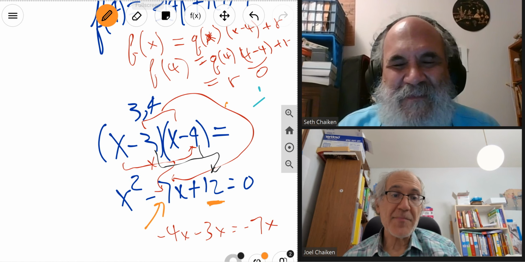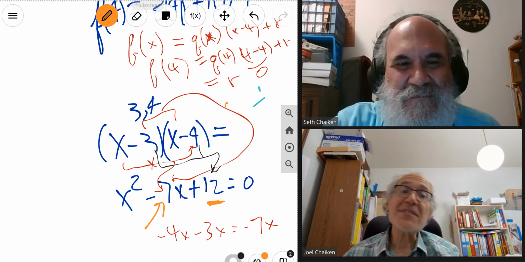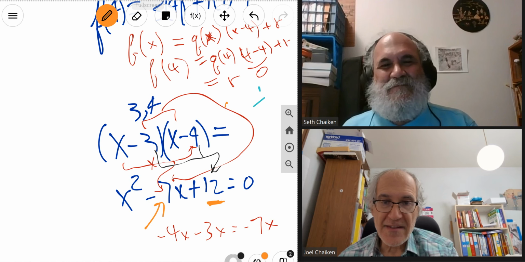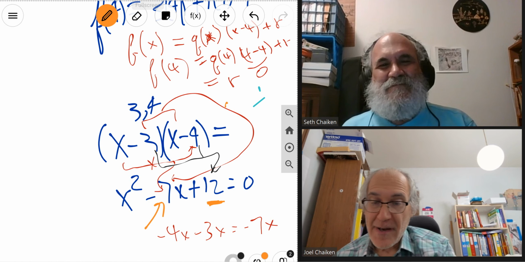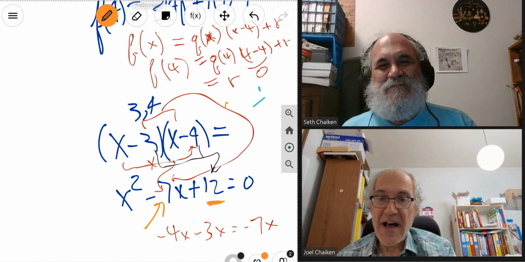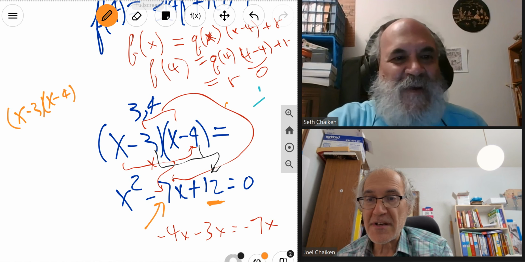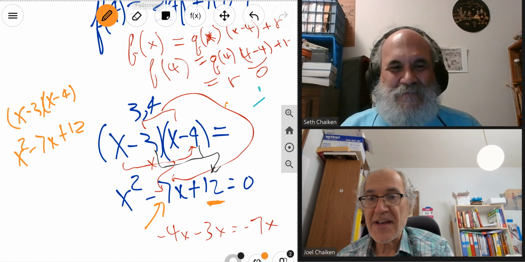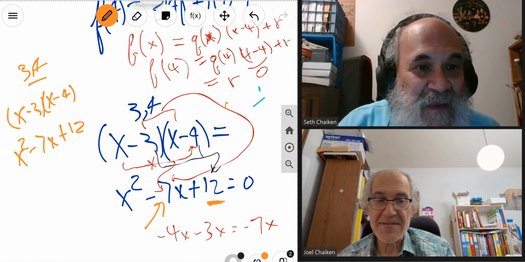This does bring up a point. Let's say you remember that there is a relationship between the sum of the roots and the product of the roots, and you don't quite remember it. Bring up an example that you could do right on the spot: x minus 3 times x minus 4, and then just do it, because you have experience doing that. x squared minus 7x plus 12. And then you see the roots are 3 and 4. You see the pattern? 3 plus 4 is 7, with a negative sign.